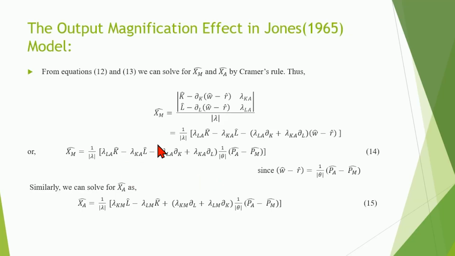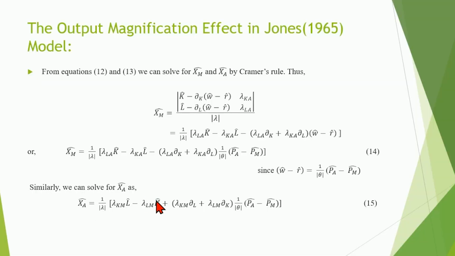Next, we solve for the values of XM hat and XA hat from equations 12 and 13 using Cramer's rule. And we get these expressions, and here you can notice that we have converted the expression in terms of commodity price changes. For that we have used the relation between factor price change and commodity price change, and the expression for XA hat is this.